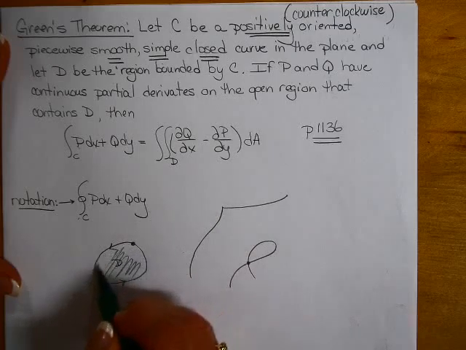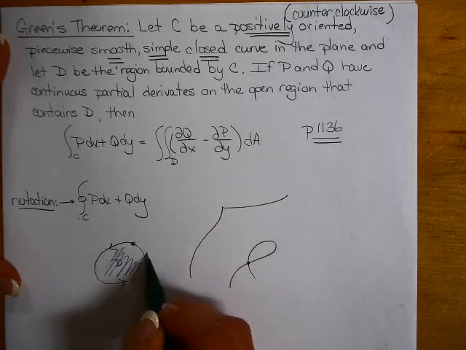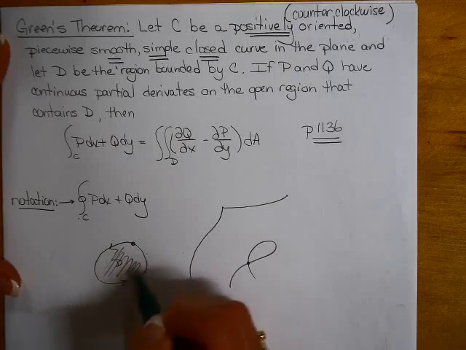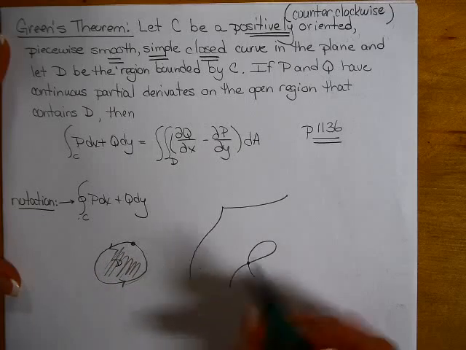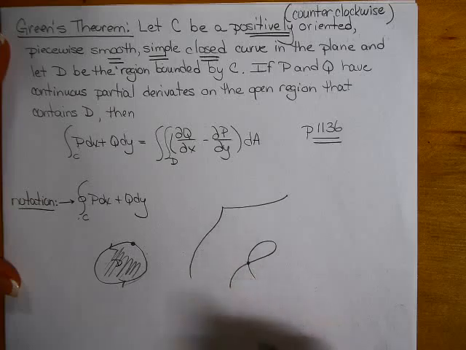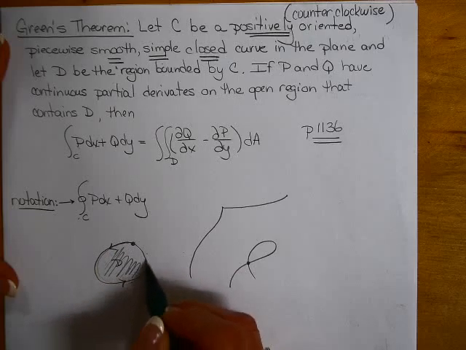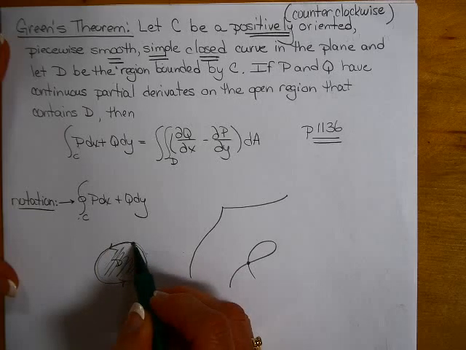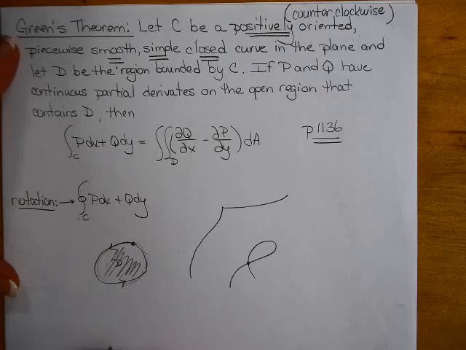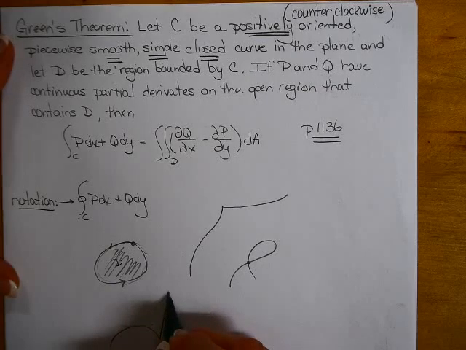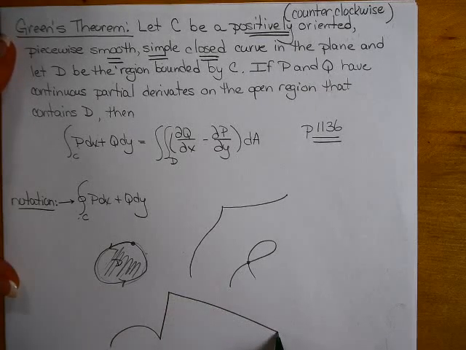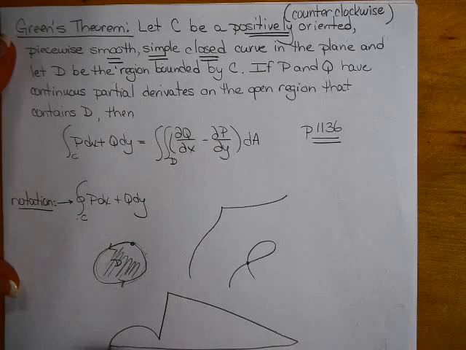So you're changing a line integral over something like this to the area of the region that's enclosed by that. Because if you have a line integral and it's not conservative, then you have to find the parametric expression for this curve. And sometimes that can be tedious, especially if you have something that goes like this, and then something like this, and then something like this, and if it went all the way back to there.